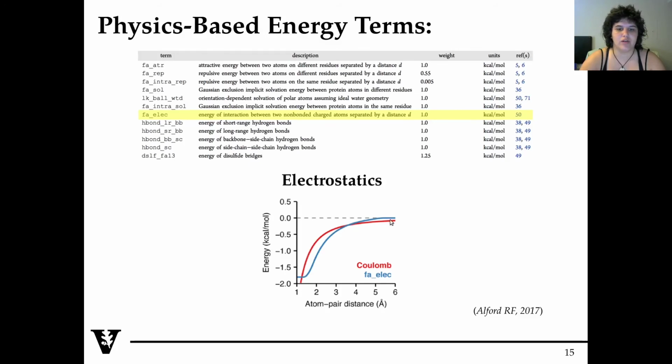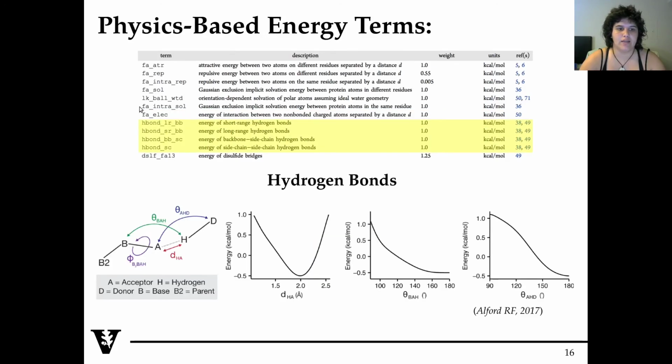You should remember the Coulomb law, and Rosetta describes the same interaction energy with the electric term. Then we have four terms that describe the hydrogen bonds. We can have H-bonds inside the backbone, and we have two kinds: the short range SR or the long range.